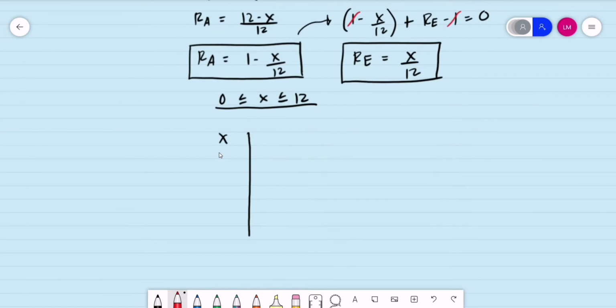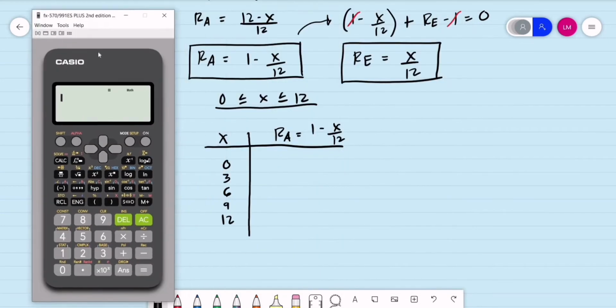For the corresponding values of x, what will be the ordinates of the influence line for the reaction at A if we have R sub A equal to 1 minus x over 12? Those values of x are 0, 3, 6, 9, and 12.